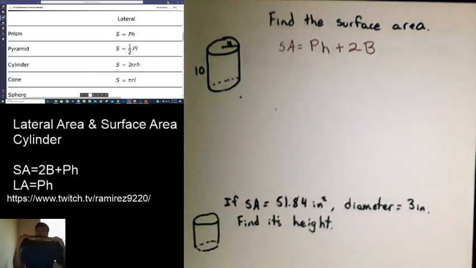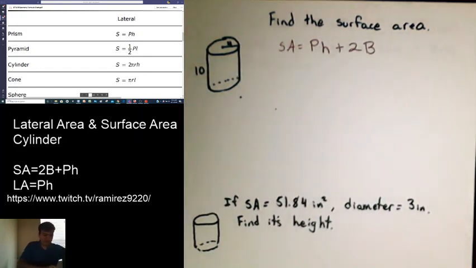I cut it ugly, but I hope it's enough for you to see that it pretty much is a rectangle. And the other thing I want you to note is that this distance right here, this length, is just the circumference, where the height here is the height of the rectangle.